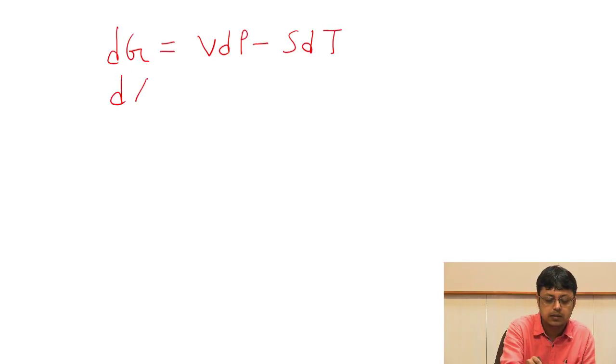So what we just discussed is that the two most important relations are dG = VdP - SdT and dA = -SdT - PdV.